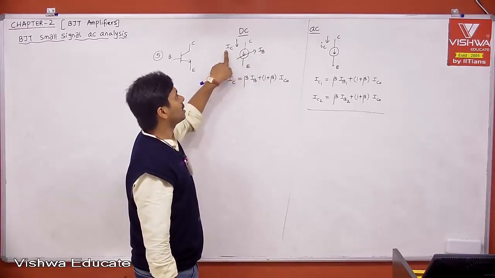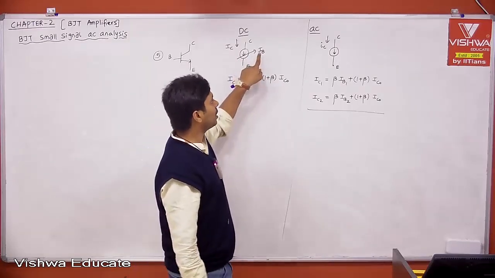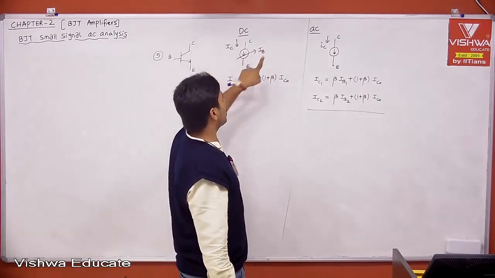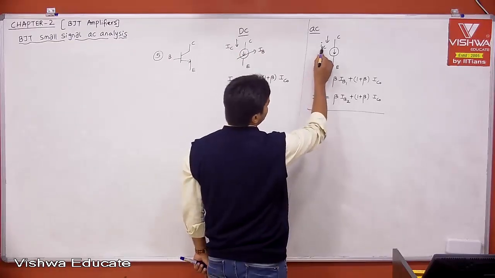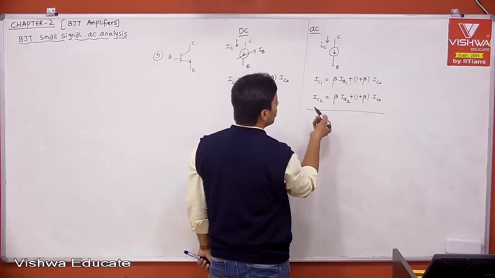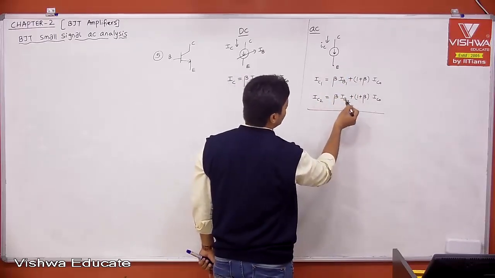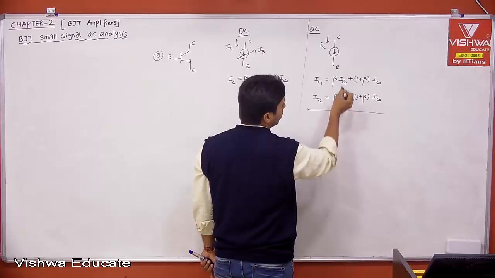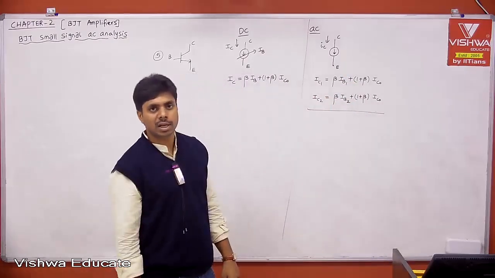But here I am not looking for IB to IC. I am looking for the change in IC because of the change in IB. To know this, we need to take IC1 because of IB1, IC2 because of IB2. There is a change in IB, IB2 minus IB1. Then what is the change in IC? IC2 minus IC1, which is nothing but the change in IC.